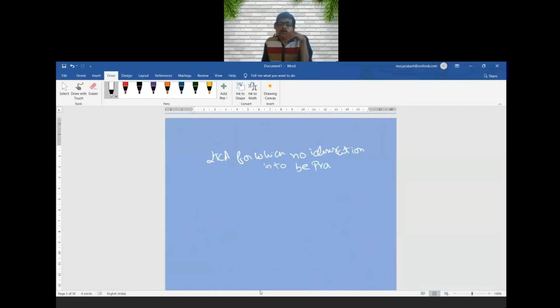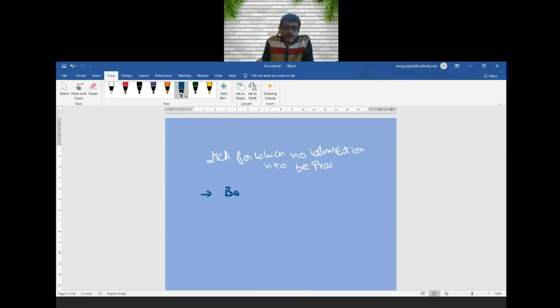So, the simple way enti, other than these long term capital assets, for all remaining long term capital assets I can provide indexation. E capital assets ki matram I cannot provide any sort of indexation. What are those? Let us see. First one, you are having a bond.